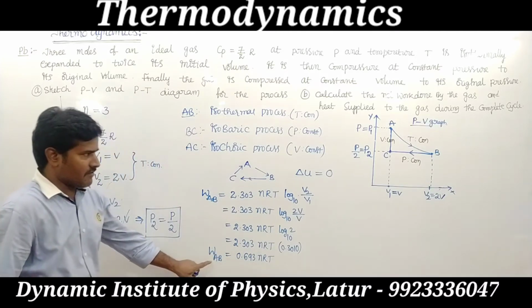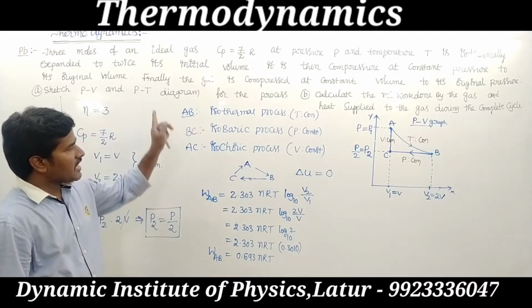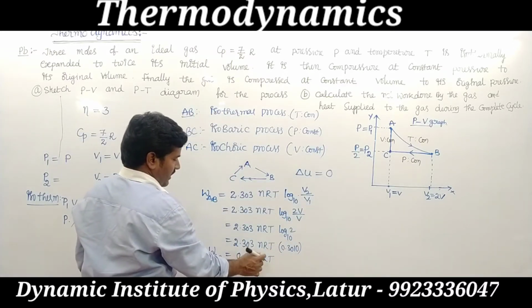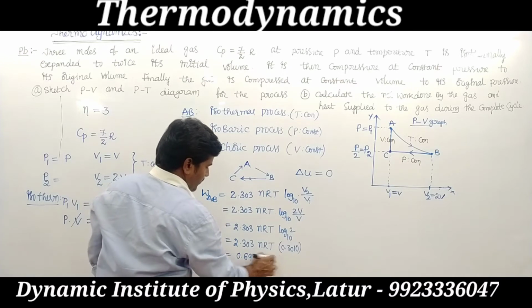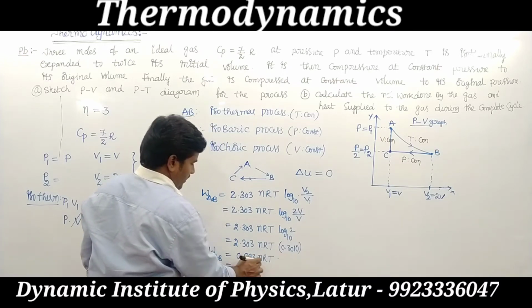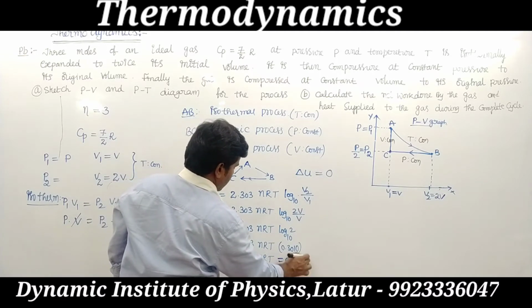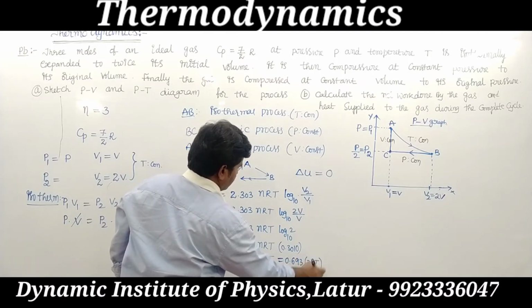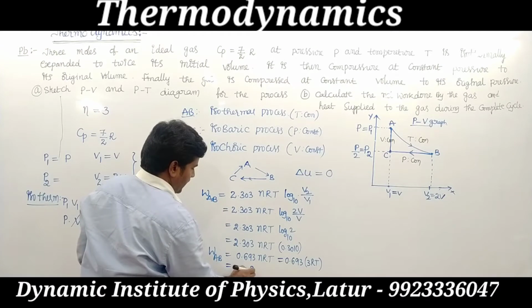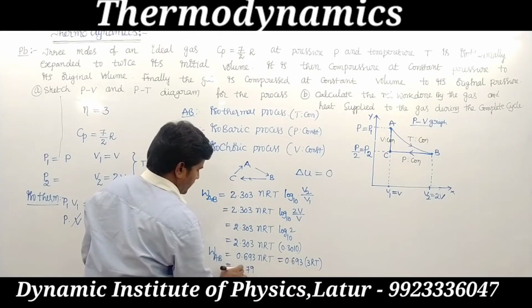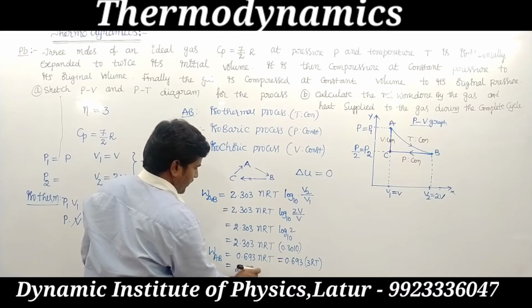The gas expands. Then n is written as 3 moles. So this becomes 0.693 into 3 RT, and its value is 2.079 RT.